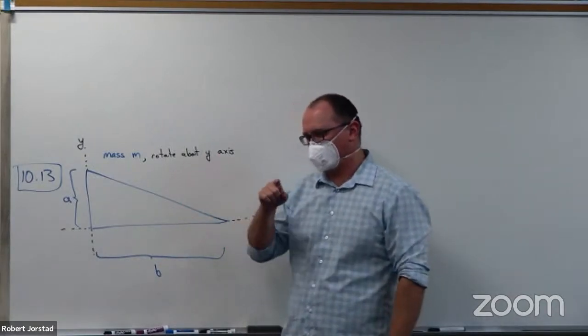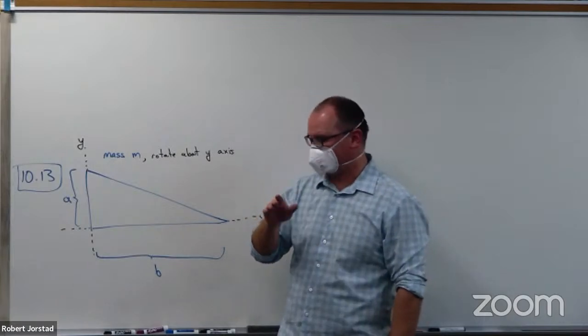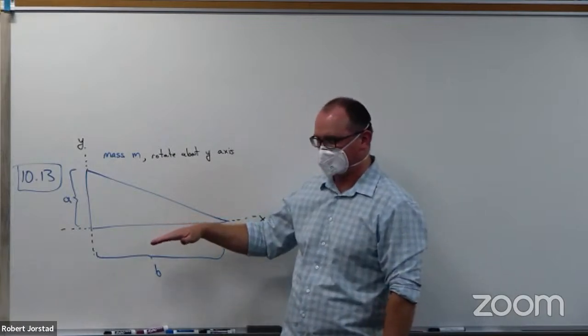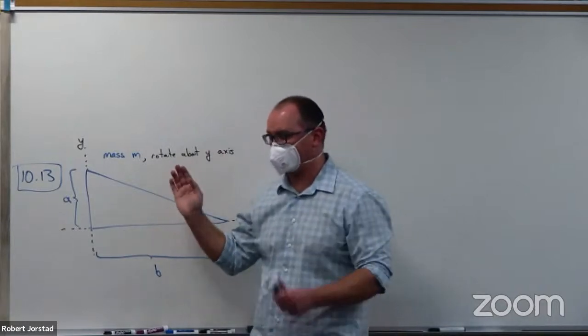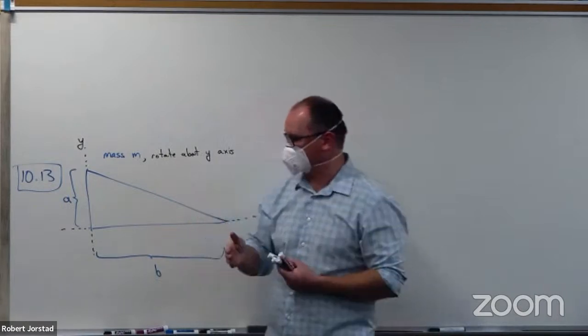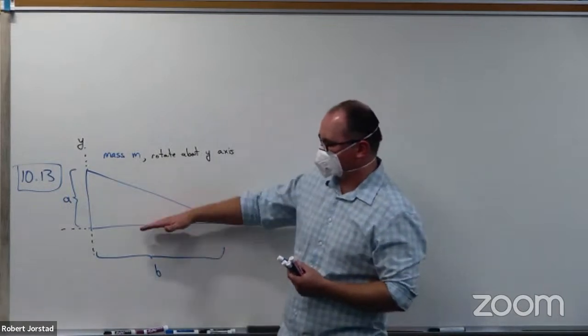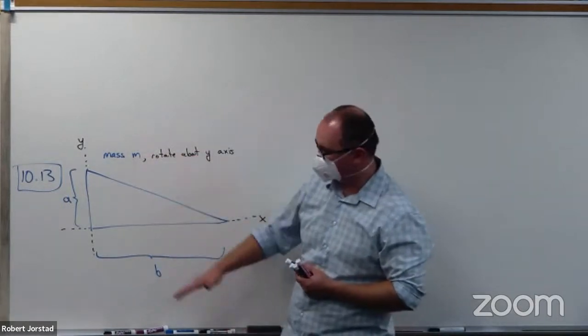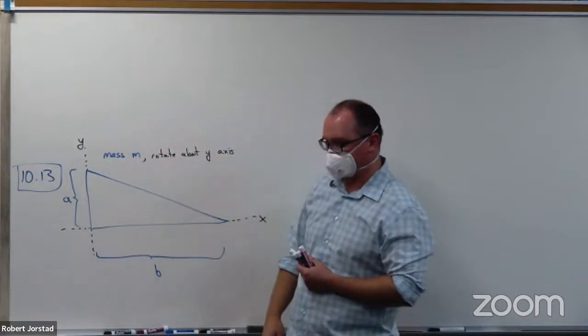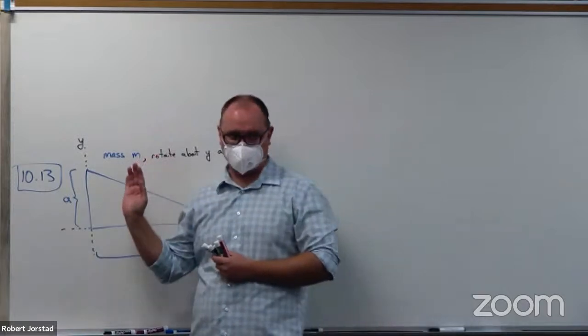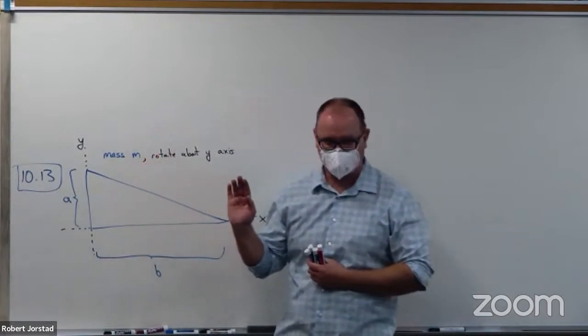So remember, when you wanted a y center of mass, you sliced it horizontally. When you want a y moment of inertia, we slice it parallel to the y-axis. So that's a confusing point. I'll say it again. If we wanted to get the y coordinate of the center mass, we usually slice it horizontally. If we want to get the moment of inertia, you slice parallel to the axis. That's a subtle difference. Everybody got that?